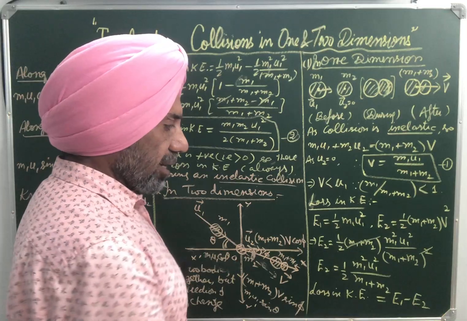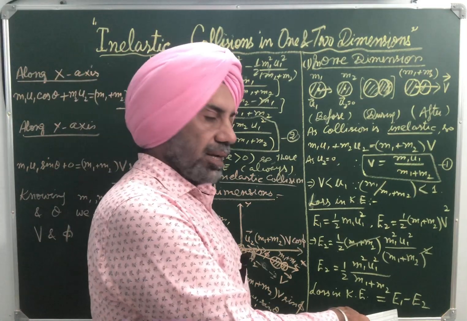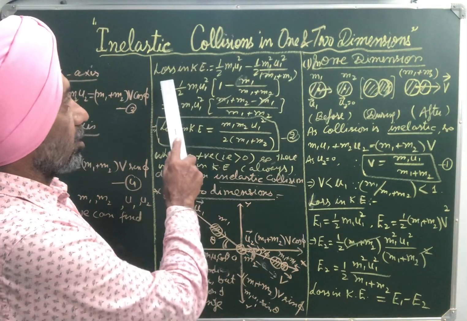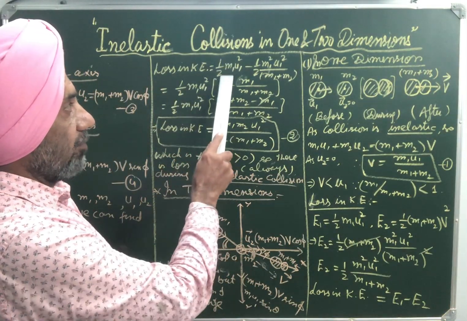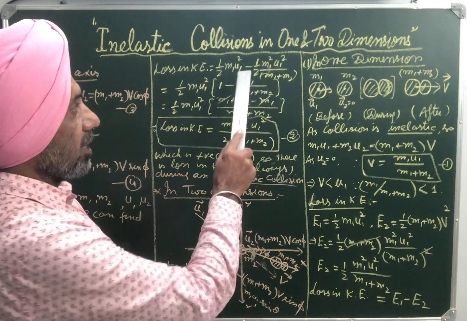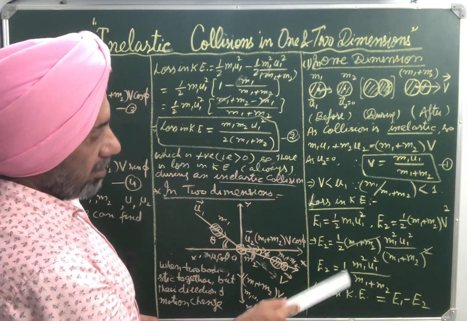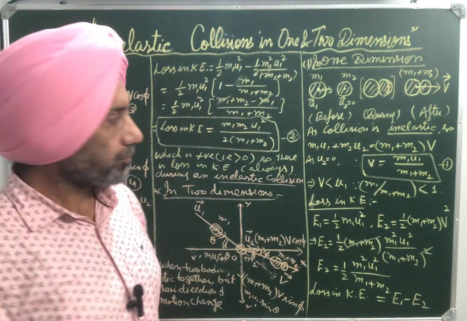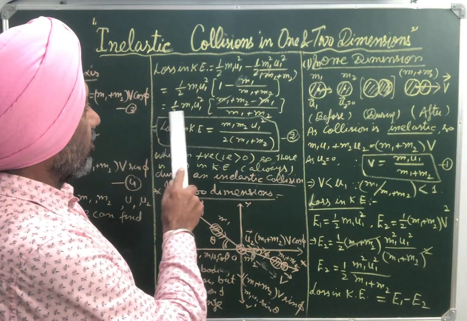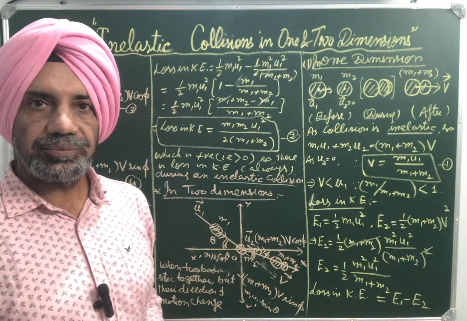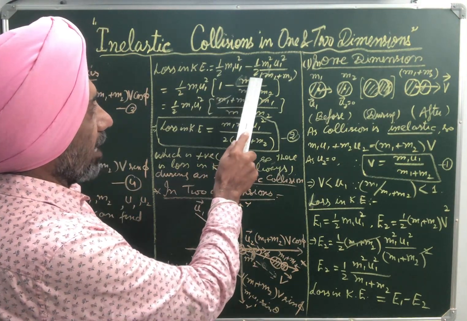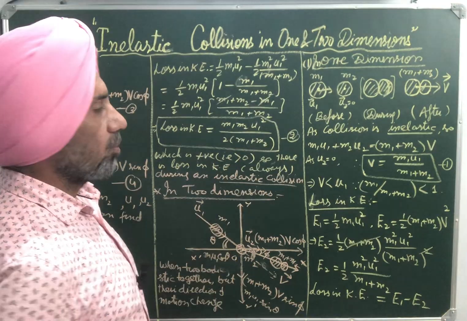Now loss in kinetic energy is equal to initial kinetic energy minus final kinetic energy, E1 minus E2, or loss in kinetic energy is given by half m1 u1 square minus half m1 square u1 square upon m1 plus m2, or half m1 u1 square can be taken as common. So it will be 1 minus m1 upon m1 plus m2.